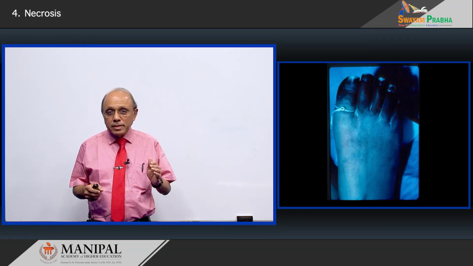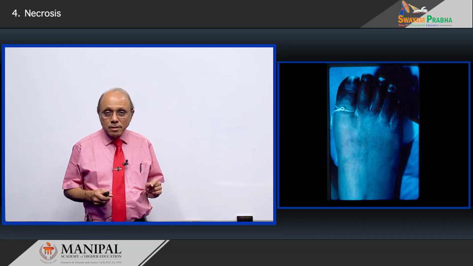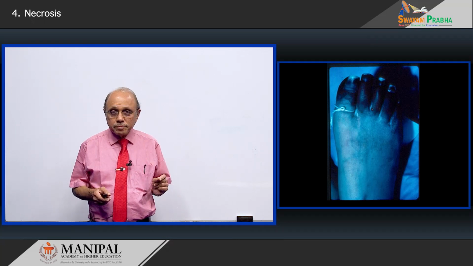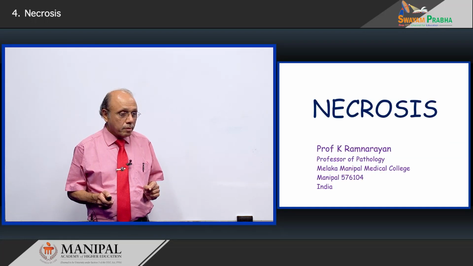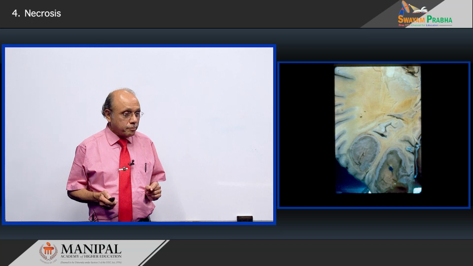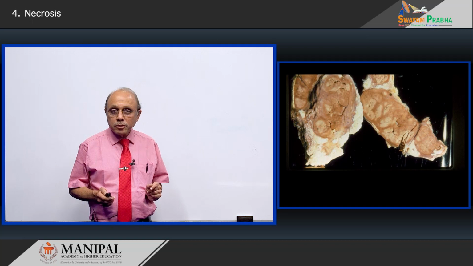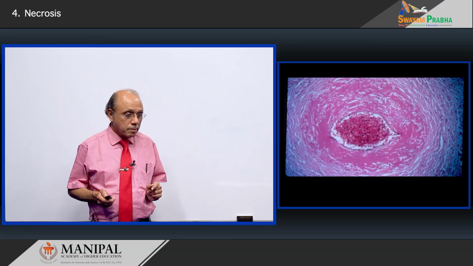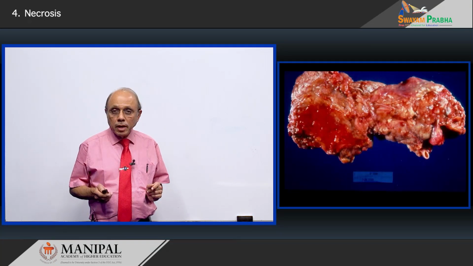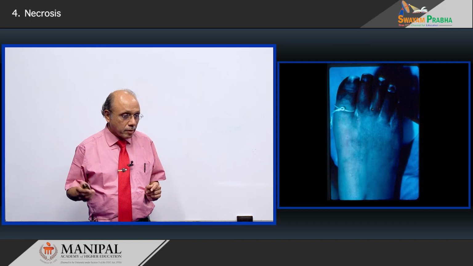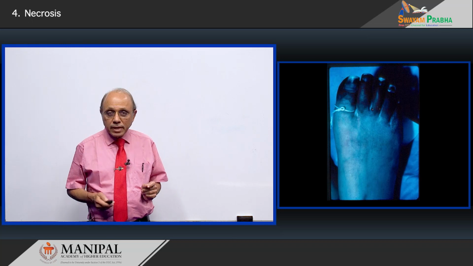It may seem separate, but the reality is the basic pathologic process in each one of these conditions, be it myocardial infarction, brain abscess, tuberculous lymphadenitis, malignant hypertension, acute pancreatitis, and diabetic foot gangrene.